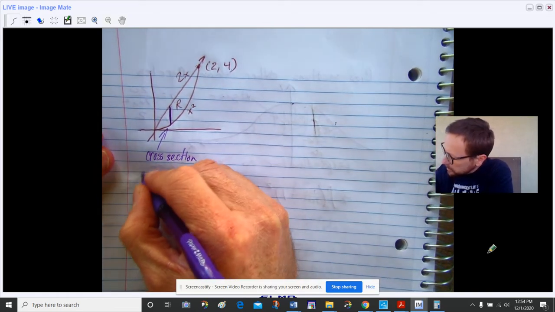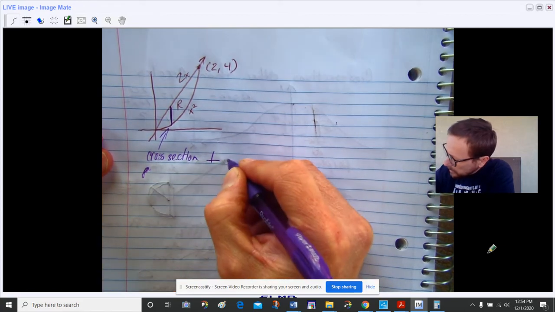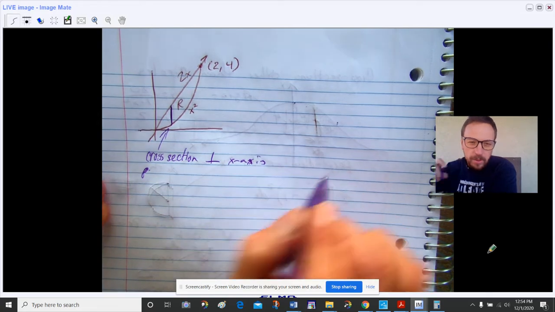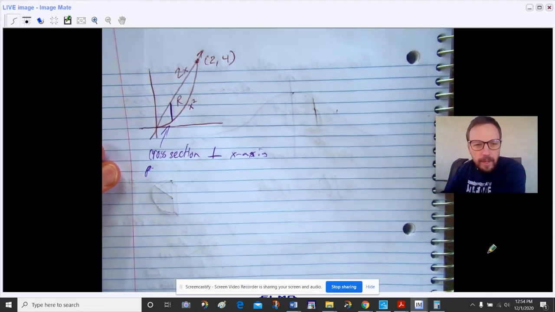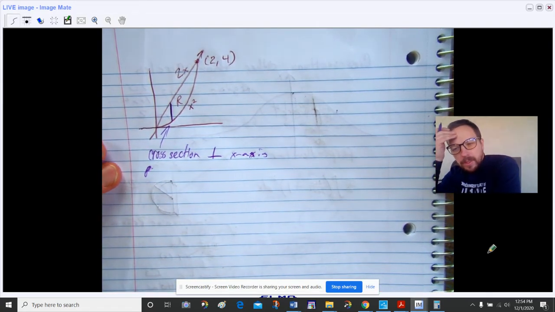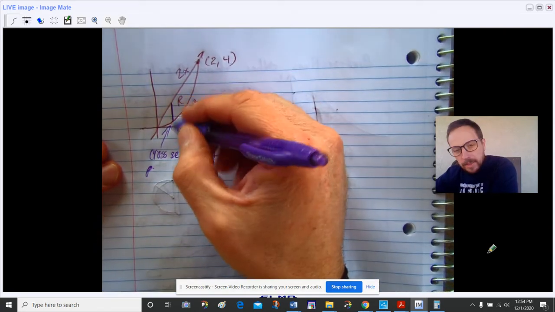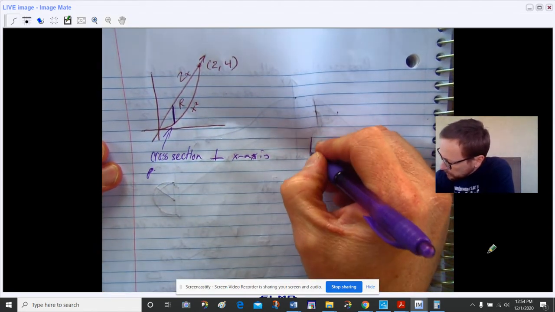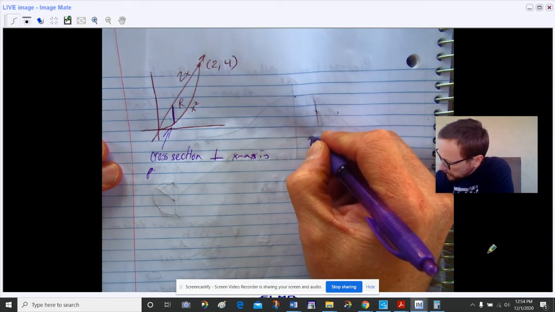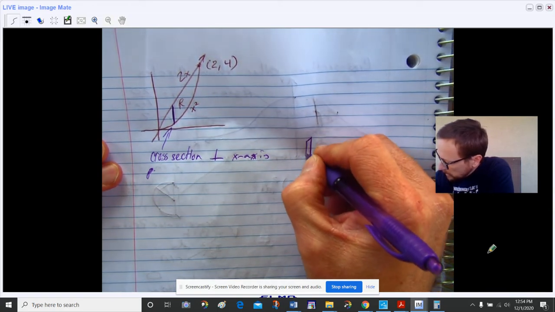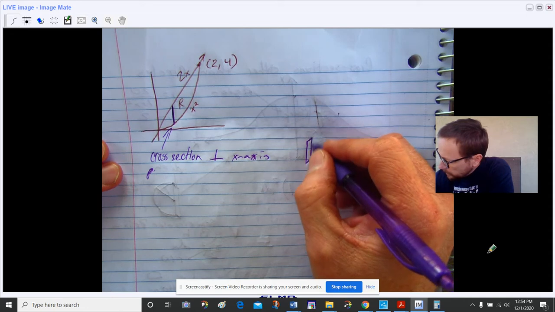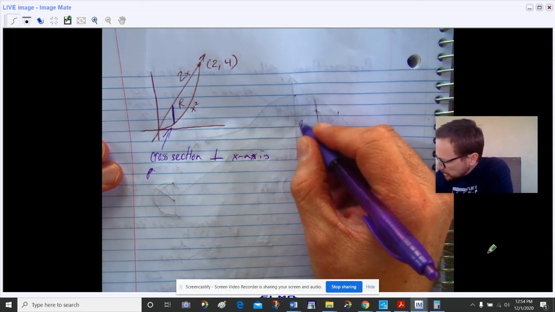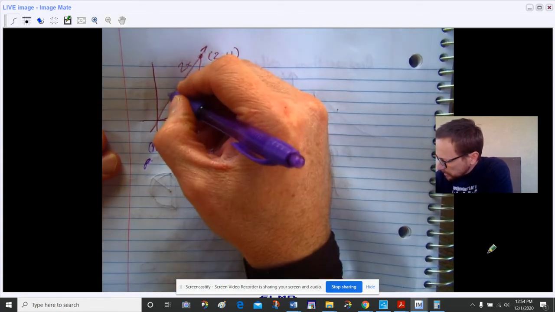No. In fact, on part C of this one, it's going to be perpendicular to the y-axis. But it's a cross-section perpendicular to the axis. So that's our little bit. This is our depth right here. So that's our dx going on.